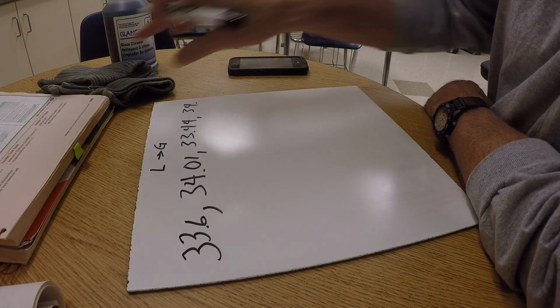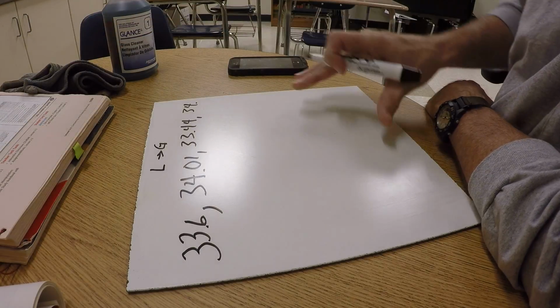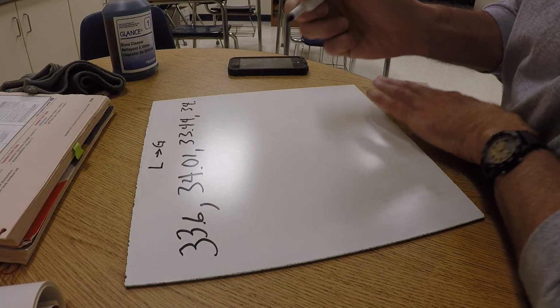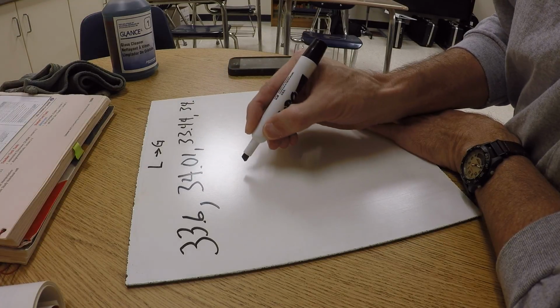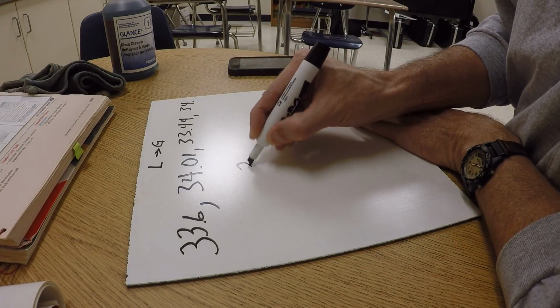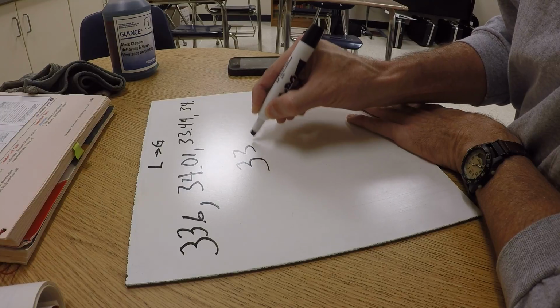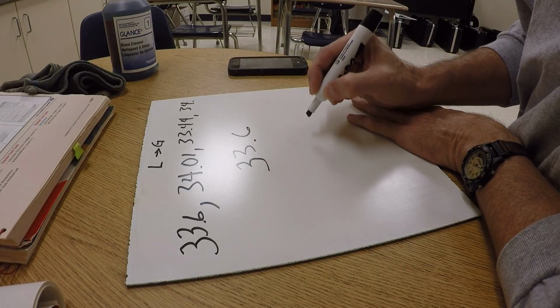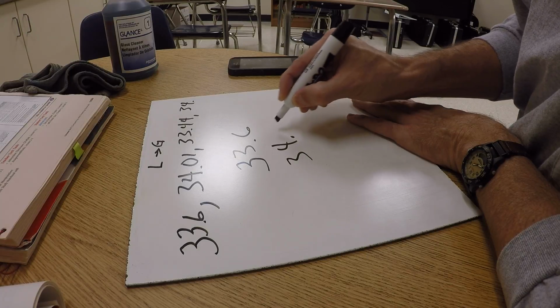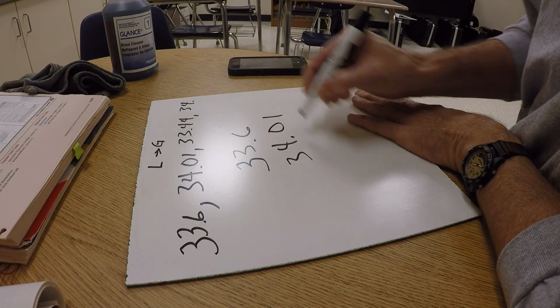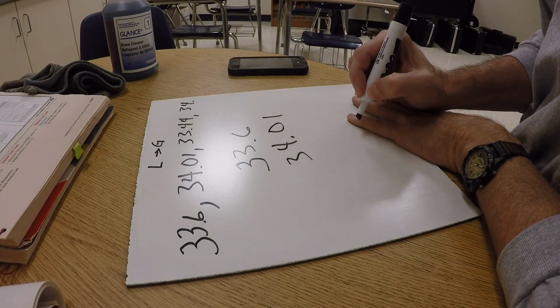And carrying on with our race theme, what I like to do is to rewrite the numbers in a vertical fashion. So if I do 33.6, 34.01, and if you line up the decimals, it makes it a whole lot easier.